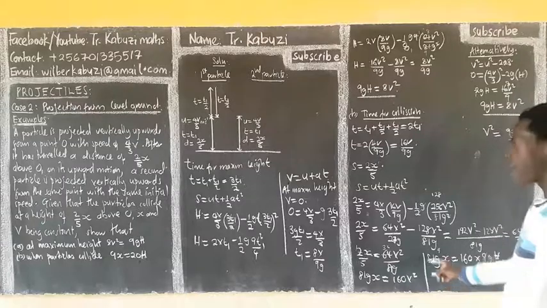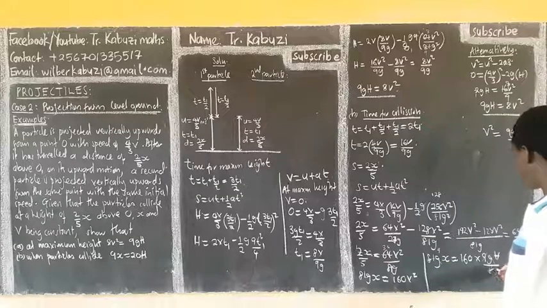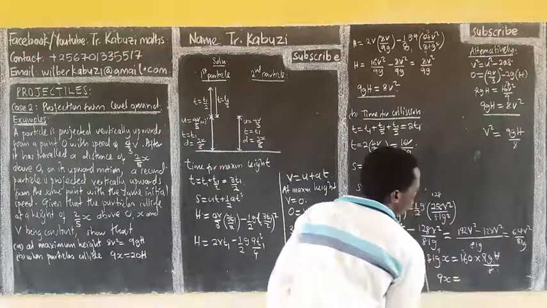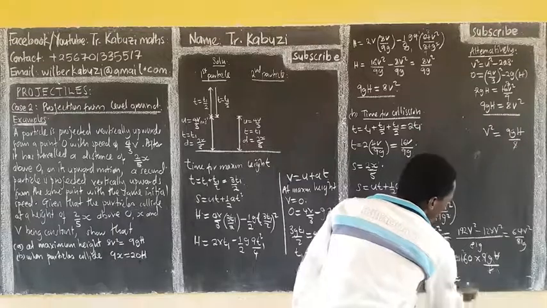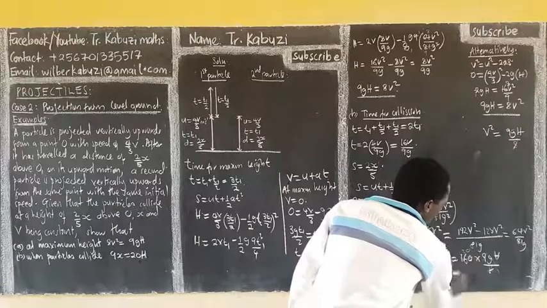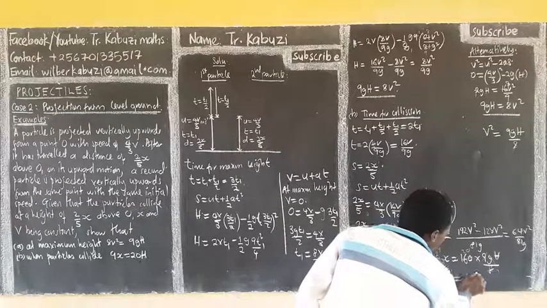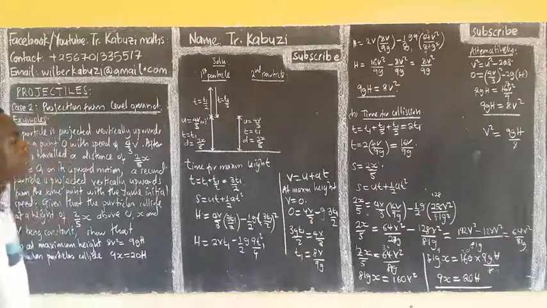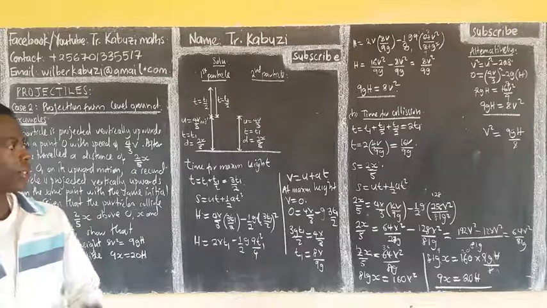We have our 9x, then by this one, by this 2. So we have 9x equaling 20h. And so our proof will be out just like that. So that's how we handle that. I wish you well.